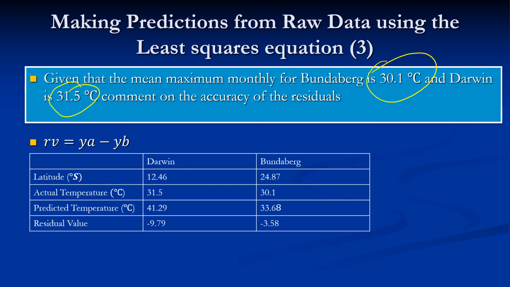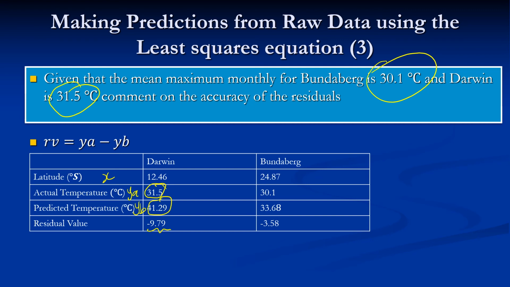So let's consider our residual values. Here's our x value, this is our YA, this is our YB. We've said that our residual value equals the actual value minus the predicted value, and we've got a residual of negative 9.79. That's a fair discrepancy, isn't it?